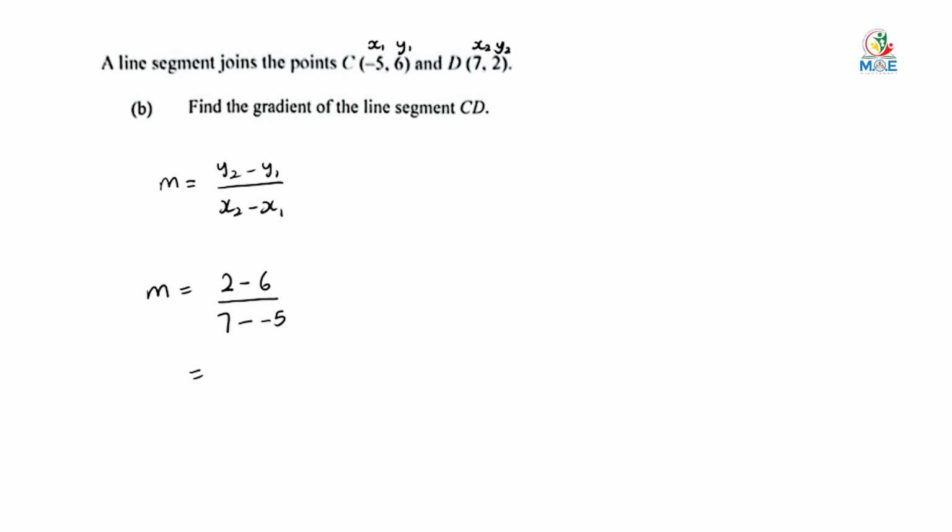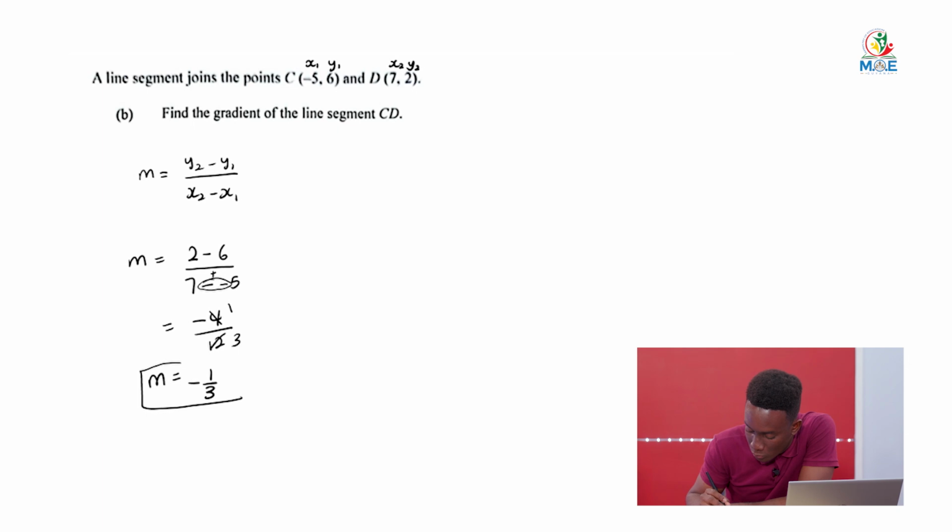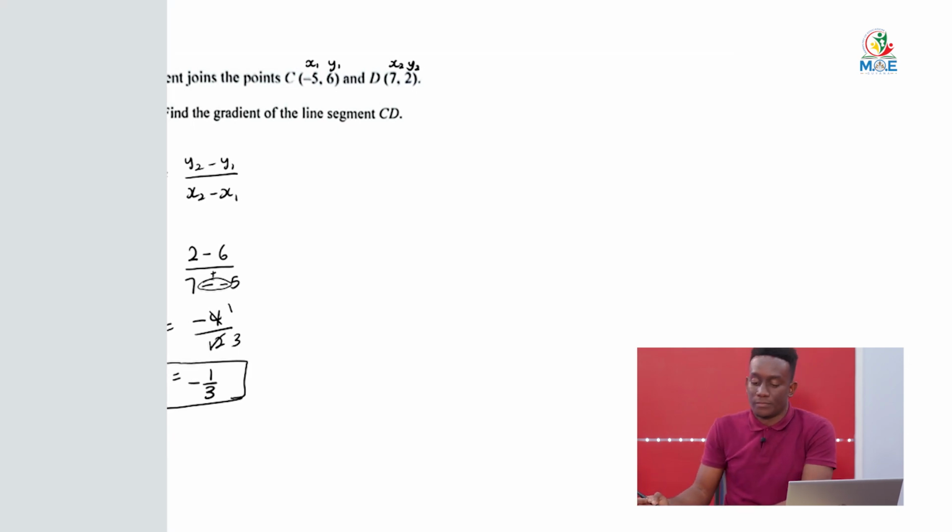So 2 minus 6 would be -4, all divided by 7 minus -5. The two negatives cancel and turn into a plus, so 7 plus 5 would be 12. 4 into 12 would be 3. So the gradient is equal to -1 over 3.